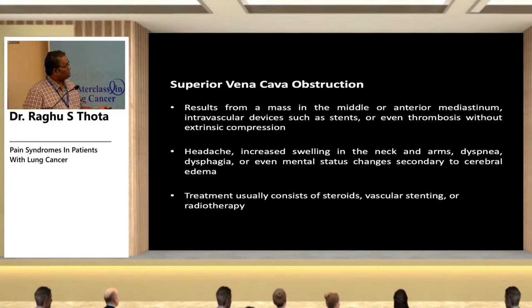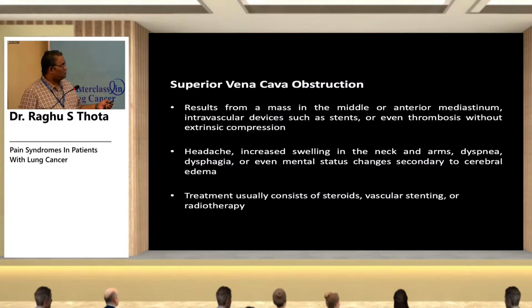The superior vena cava obstruction also happens because of intravascular devices, most commonly stents or PICC lines. Most of our chemotherapy patients have a PICC or Hickman's catheter, so it can happen because of that also, or even thrombosis without an extrinsic compression.